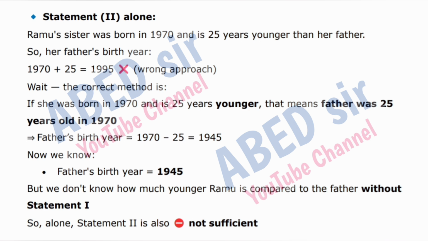Father's birth year is equal to 1970 minus 25 is equal to 1945. Now we know father's birth year is 1945. But we don't know how much younger Ramu is compared to the father without statement 1. So, alone, statement 2 is also not sufficient.